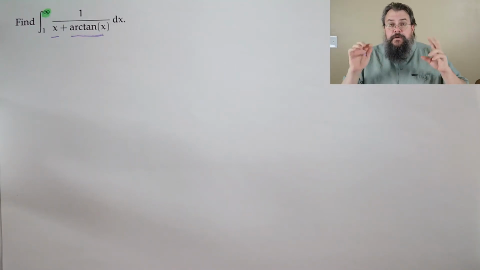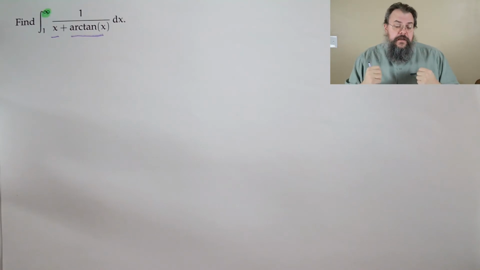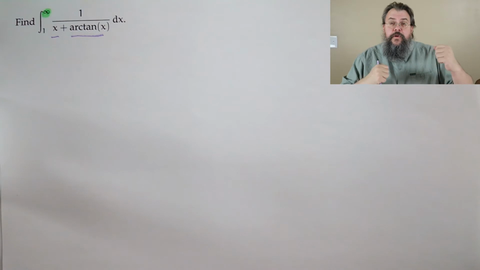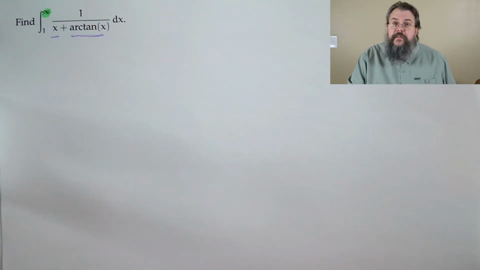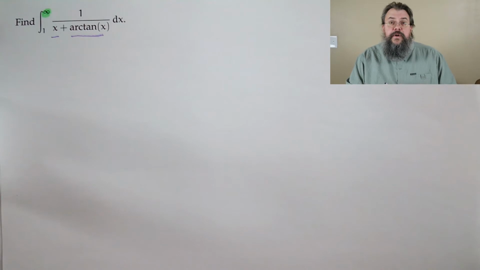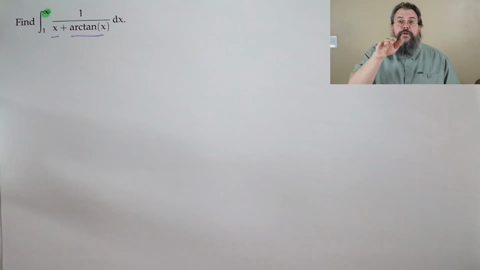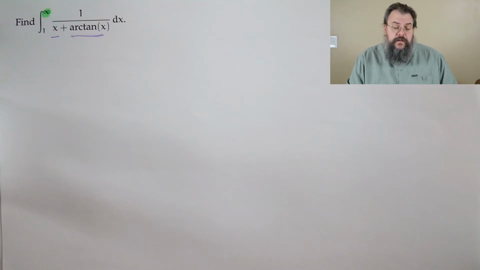And by which one matters, what I mean is, which one is growing faster? Which one is getting bigger and bigger compared to the other? Well, x grows, but arctangent of x has this asymptote. So it's approaching pi over 2. So it's not getting big at all.